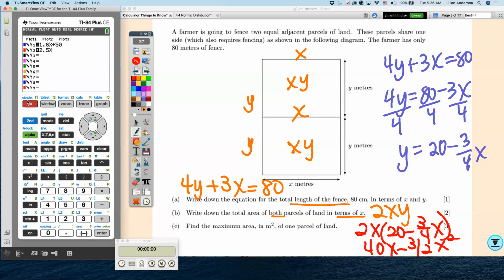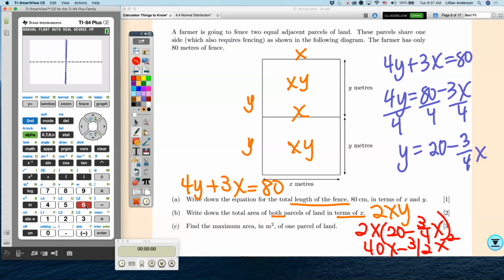X squared means I'm dealing with the what? Quadratic. The one thing I want to show you guys about quadratics using the calculator is the next part, because it's asking you to find the maximum area of one parcel of land.